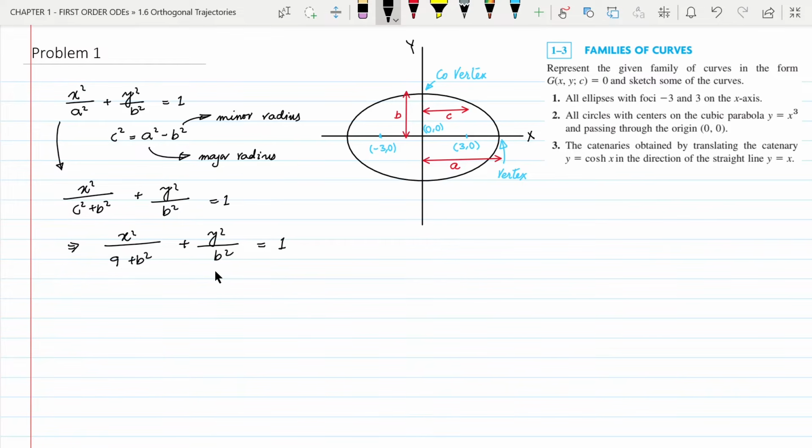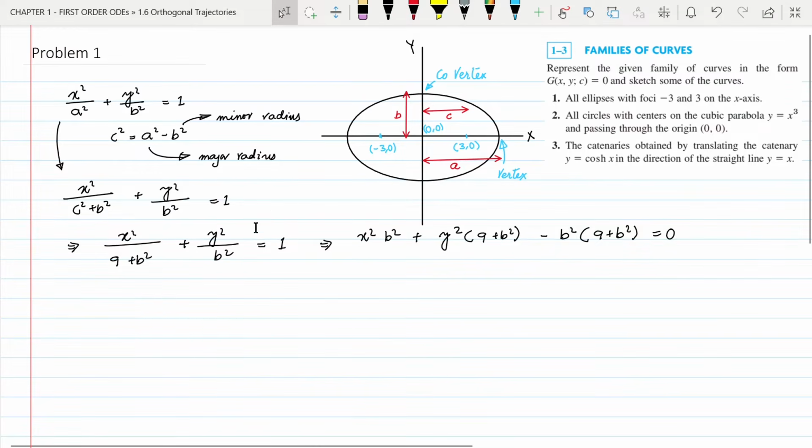Now let us represent this equation in implicit form. So for that we can write x square times (9 plus b square) plus y square times (9 plus b square) minus b square times (9 plus b square) equal to 0.